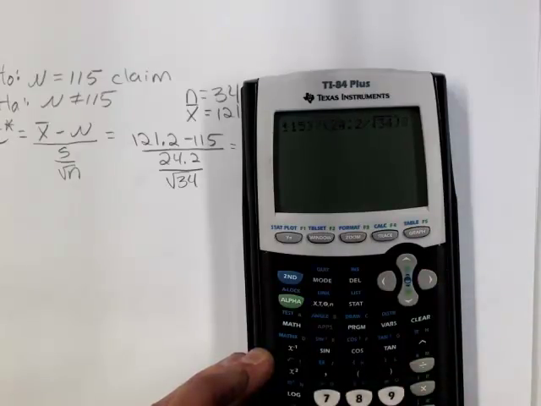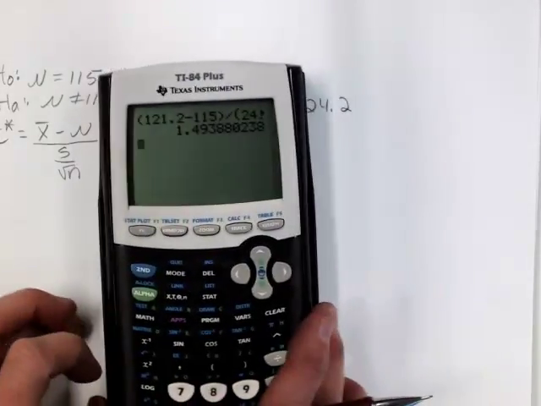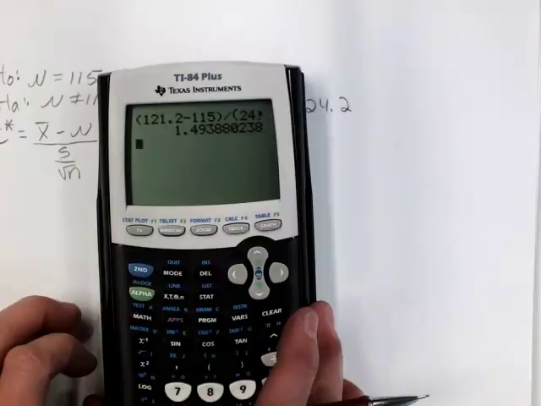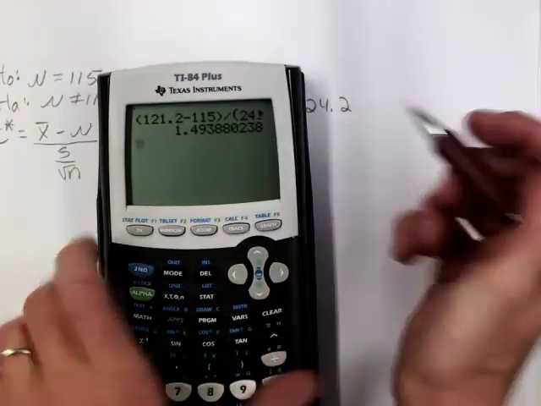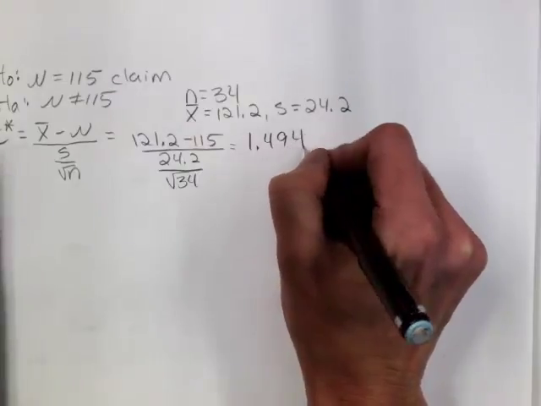Do you get a value of 1.494-ish? So it's about 1.494.